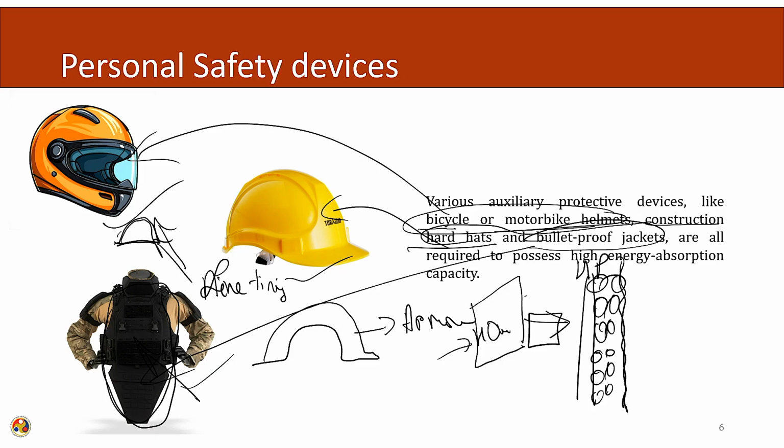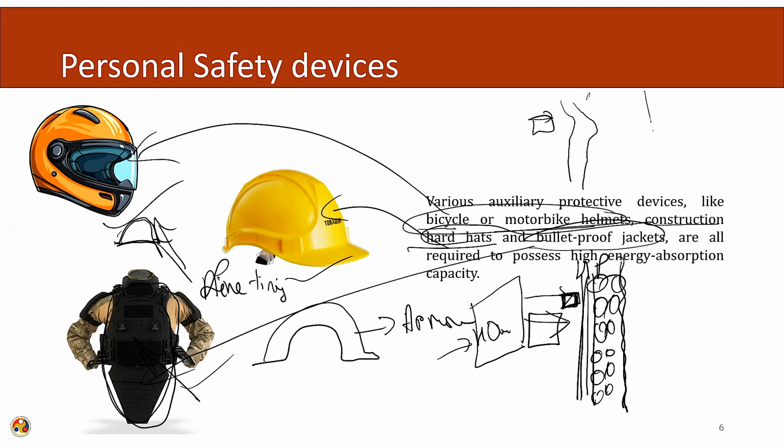The theory is that if an impact occurs, let us say a bullet hits this thing, if it is left with only a metallic plate, what will happen? This bullet will try to penetrate the metallic plate. Two things can happen: either this will cause a large indentation, the impactor will again hit the body parts and cause severe injuries.